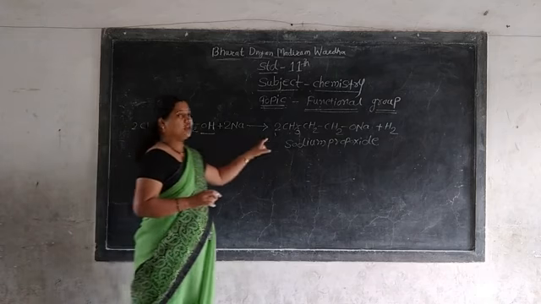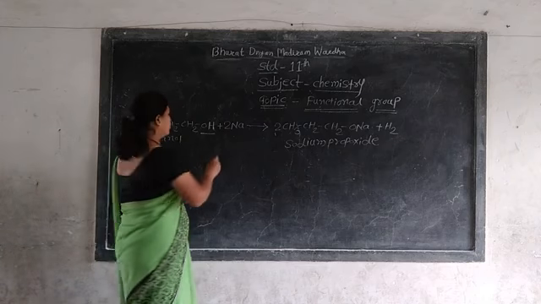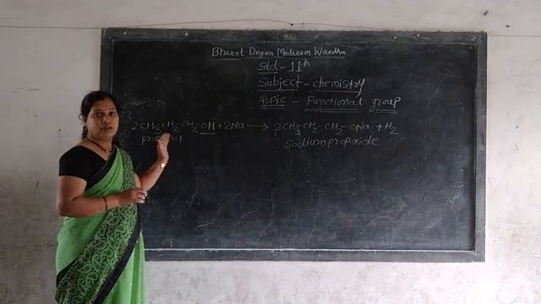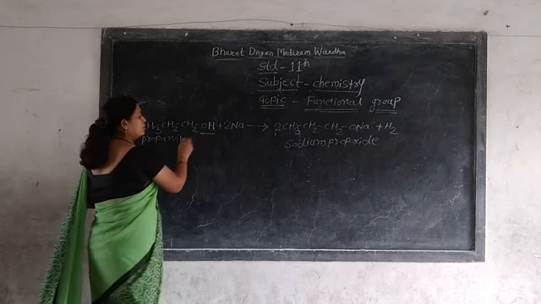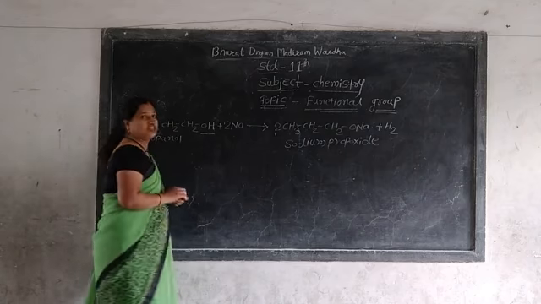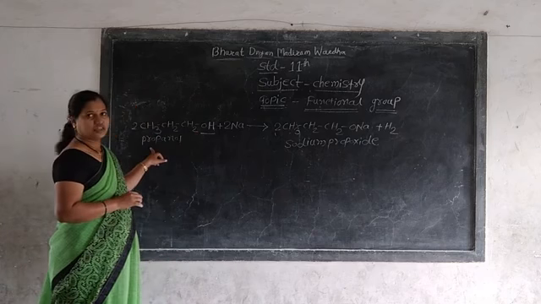So when we observe the product of this reaction, what changes do we observe? We observe the changes not in the carbon skeleton of the organic compound, but in the functional group of the substrate. OH is the functional group for alcohol, in the structure of propanol.